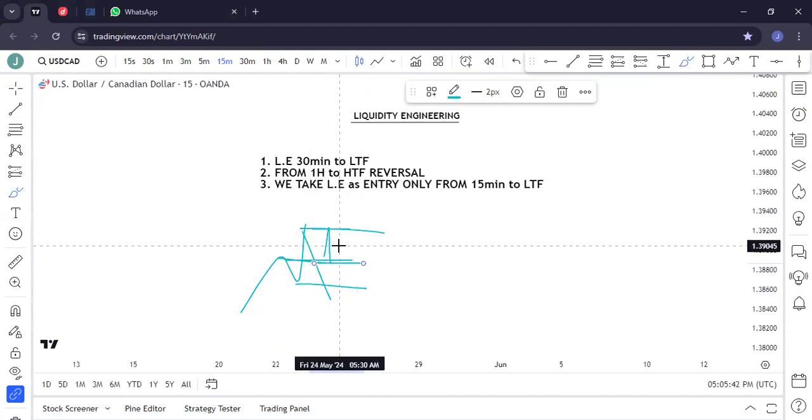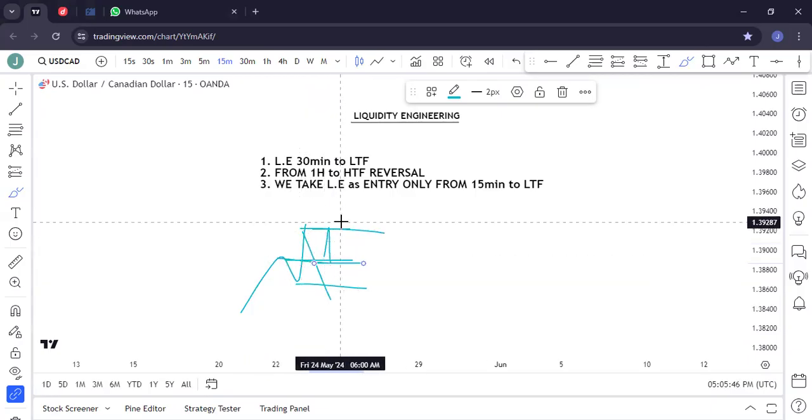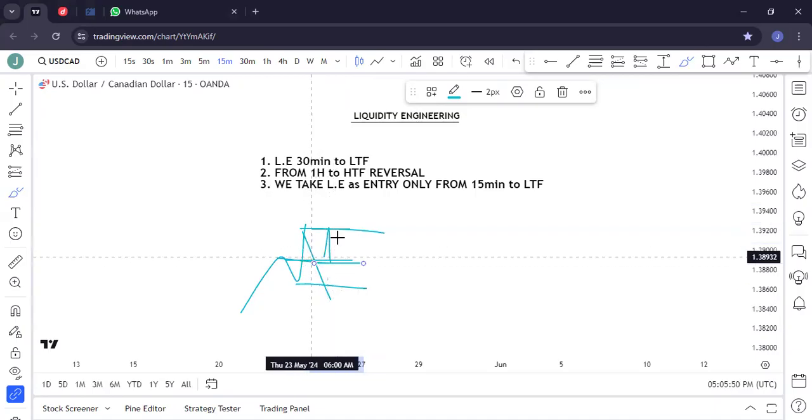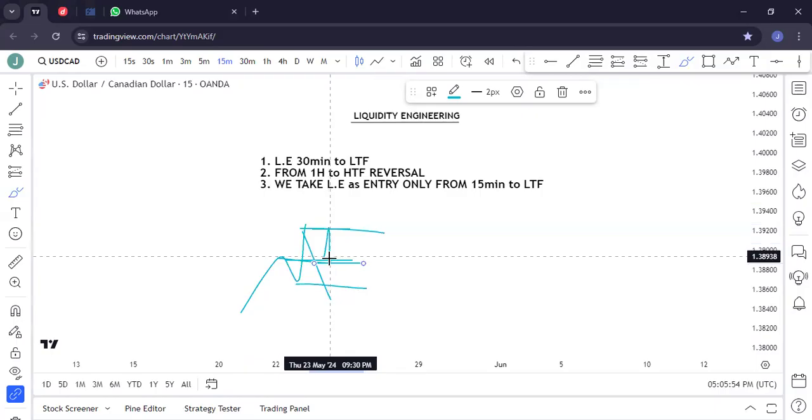So we cannot trade this entry type from higher time frames, because it will reward us with very high risk. We cannot lose a lot of money trading liquidity engineering in higher time frames.